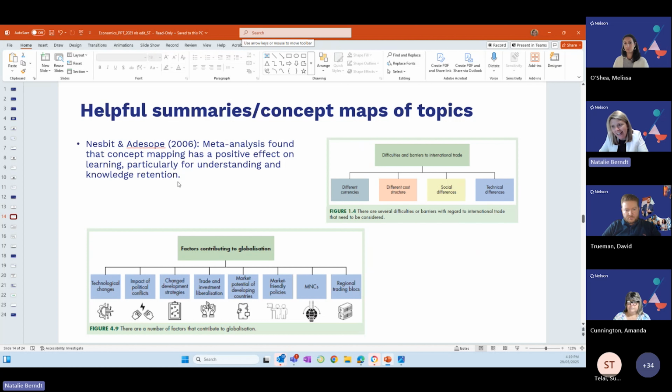So hopefully that really engages your students as well. And certainly my students who have been using the Unit 1 and 2 really like the fact that at the end of a topic, they can come along and do this great concept map.